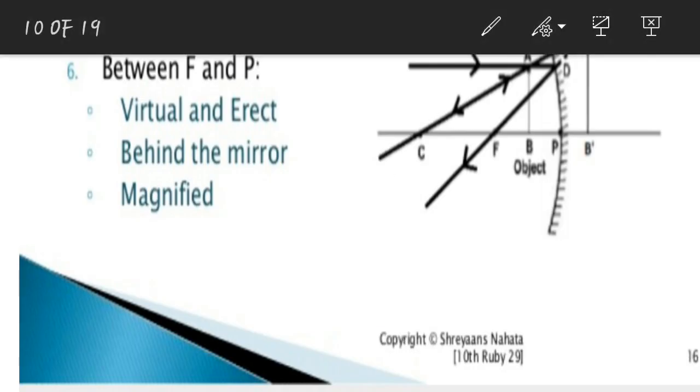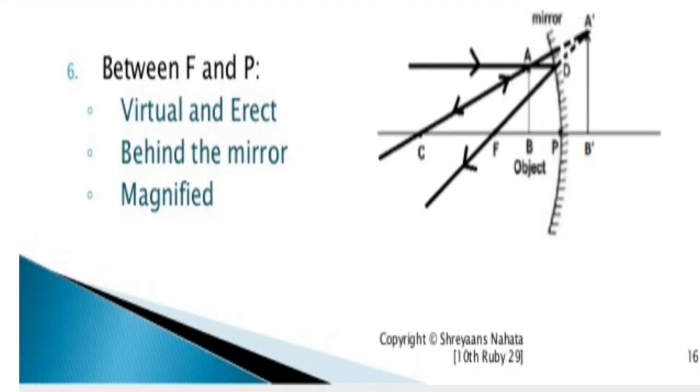Next is between F and P. This is the important case which you have to keep in mind. This is the one we observe when we go to a salon, where a makeup artist uses this image formation, keeping an object between pole and focus.